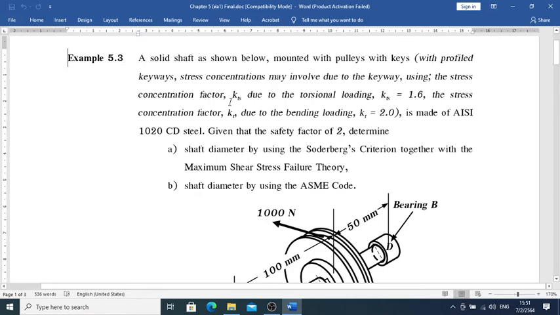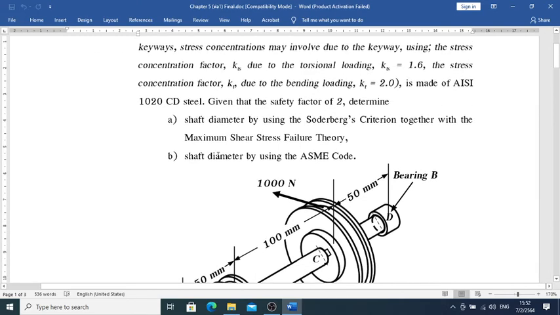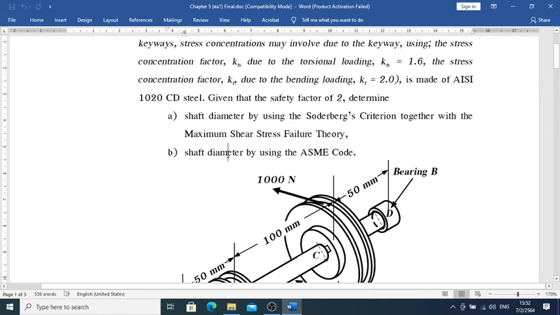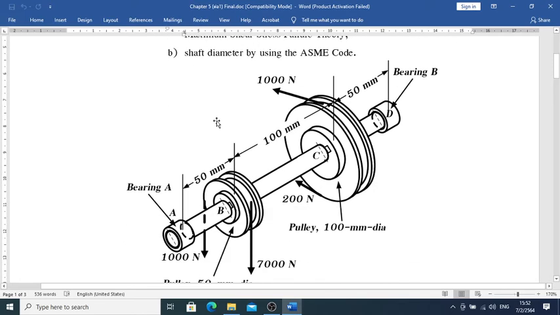So therefore, KT and KTS are going to be 1.6 and 2 respectively. And the material is AISI 1020 CD steel. So we design the shaft diameter by method A, the Soderberg method, and B, the ASME code. In A, we have done it already in the example in chapter 4, and in B we're going to use ASME.